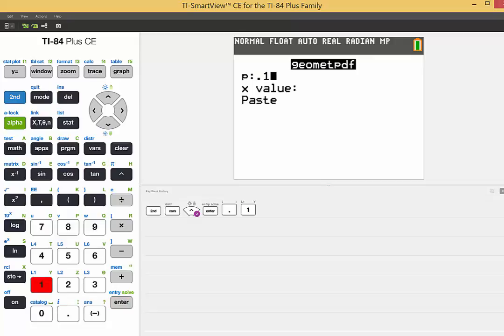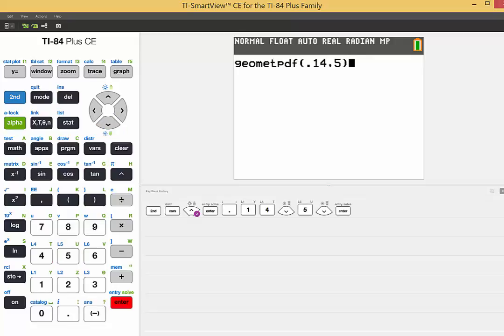P was 0.14, and we were to find the probability that the first vehicle with a leaking gas cap would be found on the 5th tested vehicle. Again, this syntax order is P and then X. And this probability turns out to be 0.077 if we round to 3 decimal places.